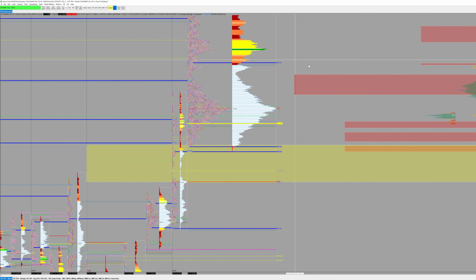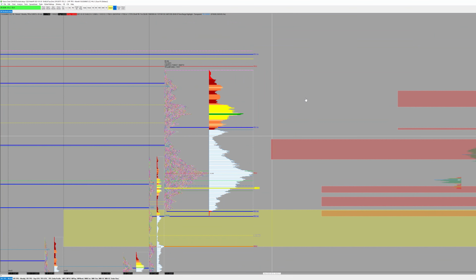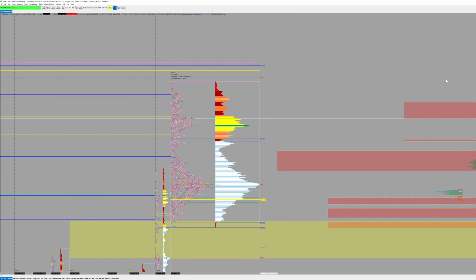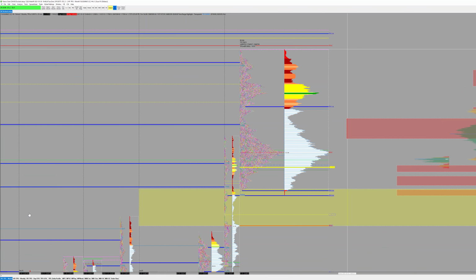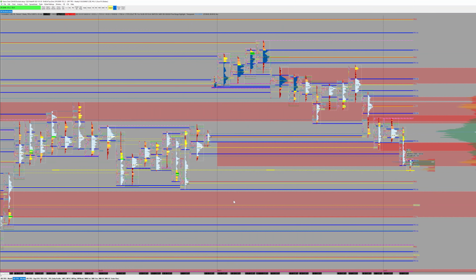And I find this really helpful to have a real view and longer term picture of what's really happening in terms of value. And then I'm doing exactly the same thing on the weekly side.